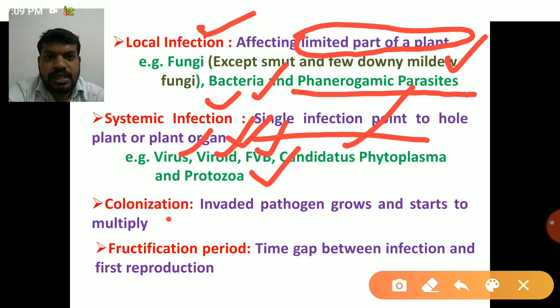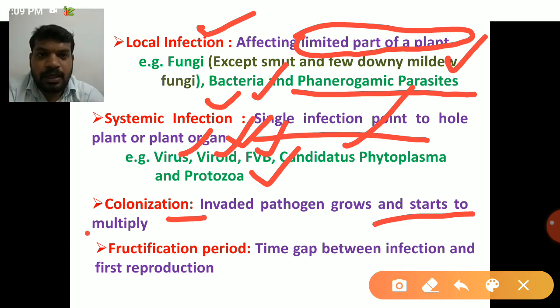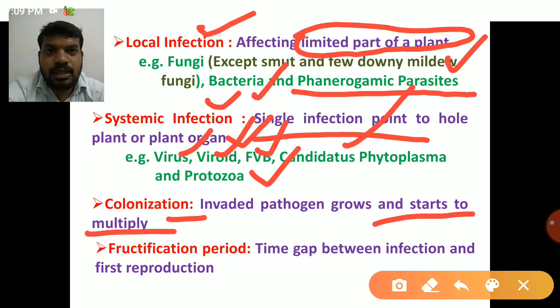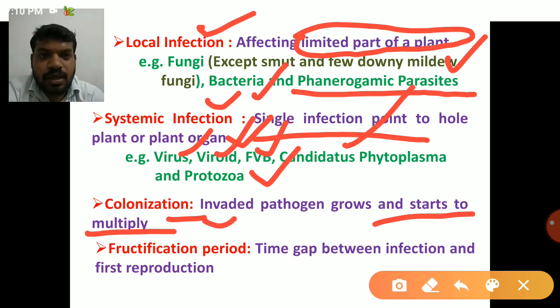The next one is colonization. Like a human colony, pathogens also invade the plants, take nutrients from them, and start to multiply. They colonize with a small group or number of pathogens. That is called colonization. Next, the fructification period.